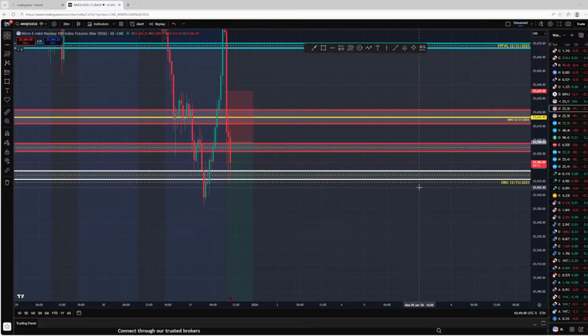On my FTMO account, I'm down a little over half a percent, so about $522, pretty much 523. And on my funded account, I'm down about $600 on the day.